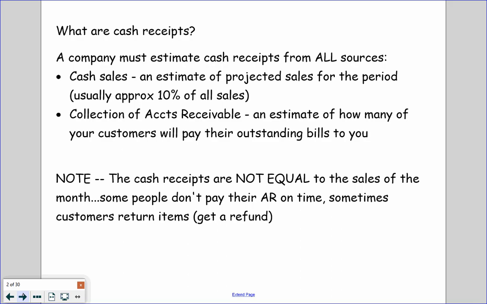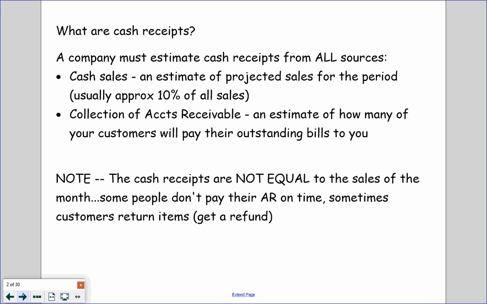you. Okay. Now, the cash receipts are not equal to the sales for the month. Some people don't pay their accounts receivable on time, and sometimes customers return items or get refunds. So for example, at Christmas time, your sales might be through the roof.